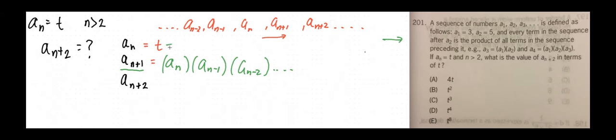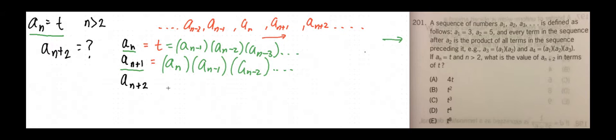And actually this is called T from the givens. But it can also be written as the product of all its preceding terms. The term right before this one is An-1, the preceding term is An-2, An-3, dot, dot, dot.